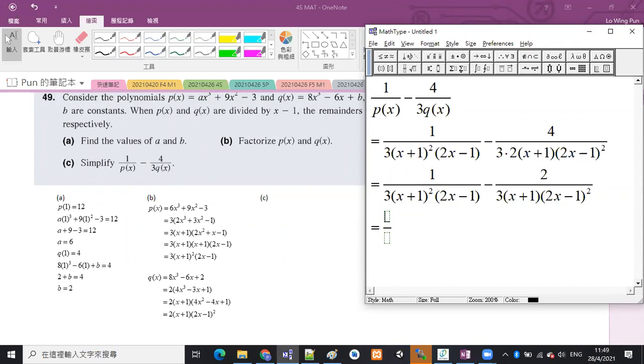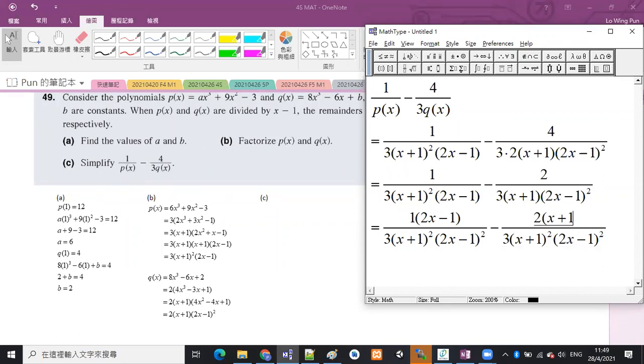The first fraction should be multiplied by 2x minus 1 to become squared, right? So the top part becomes 1 times (2x minus 1). For the second fraction, we need to multiply by an extra x plus 1 so it becomes squared. So the 2 becomes 2 times (x plus 1).